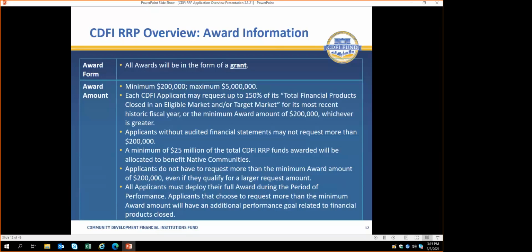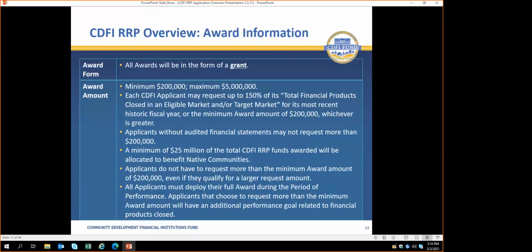And then by the end of the period of performance, you've got to close at least an amount equivalent to 70% of the total award amount in financial products in an eligible market or target market. The expenditure of the award and the closing of financial products are not directly tied to one another. Just as an example, even though you're asking what happens at the other 10%, they're not directly tied.